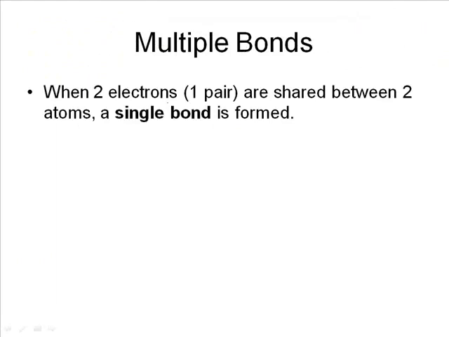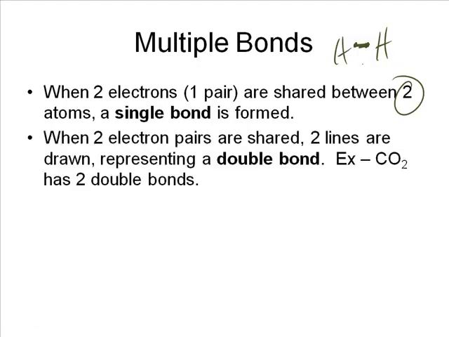Okay, if you are just sharing two electrons, so you've got one hydrogen and one hydrogen, and you've got one electron here and one electron here, and you form that bond, that is a single bond. It's when you have two atoms sharing those two electrons.